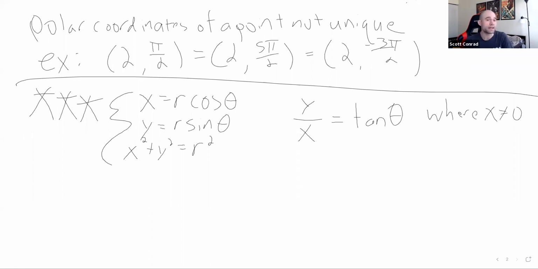That's just r sine theta over r cos theta. The r's cancel, and you get tan theta. That was not as important, and you can figure that out if you know x is r cos theta, y is r sine theta. Honestly, those are the two important ones, and you can derive everything else from those.